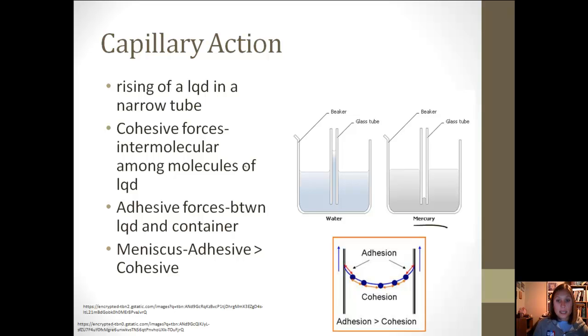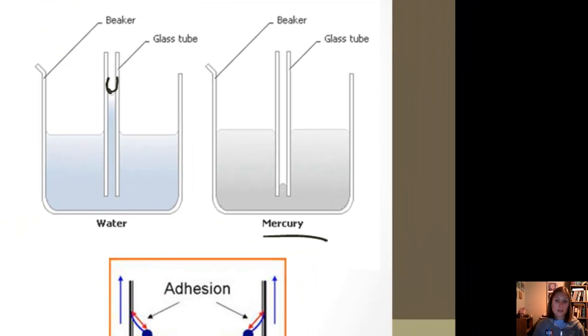In order to form a meniscus and get that liquid to rise up the side of the tube, the adhesive force, the force between the liquid and the container, needs to be greater than the cohesive force, which is the force present between the molecules of the liquid. And that's where we get what's called the meniscus.